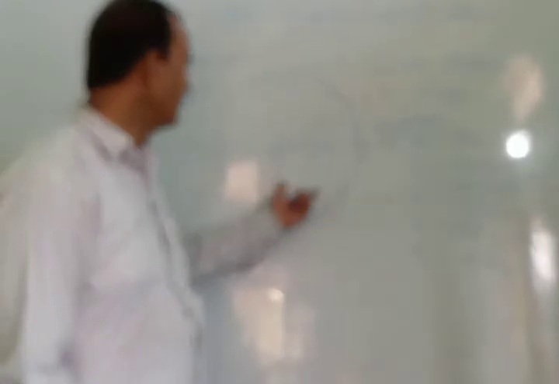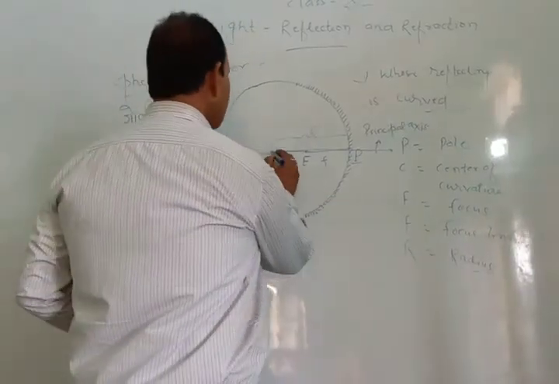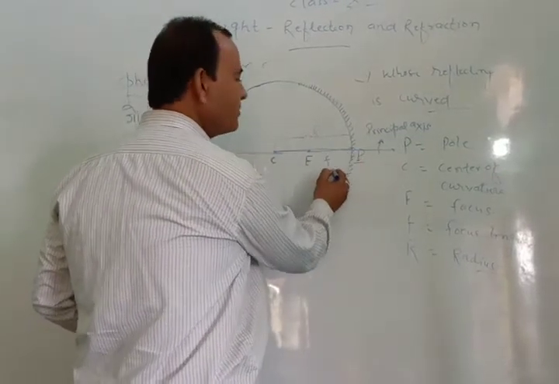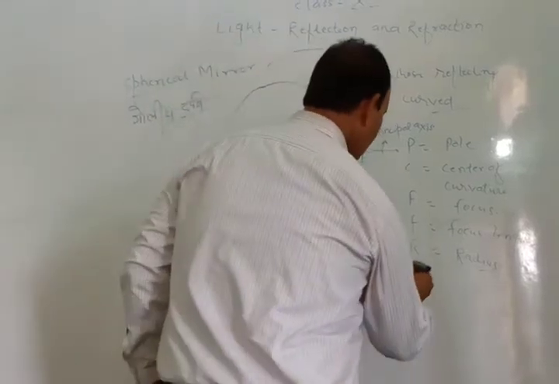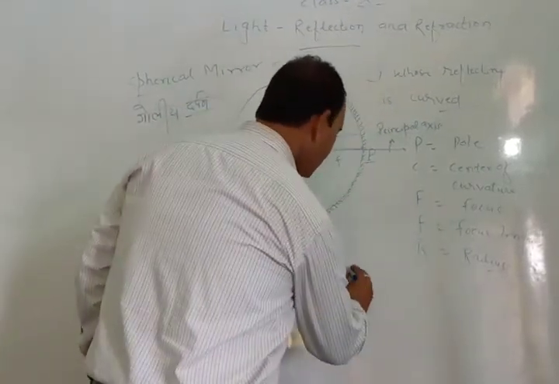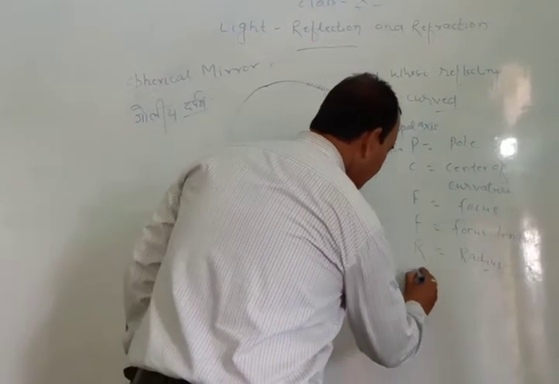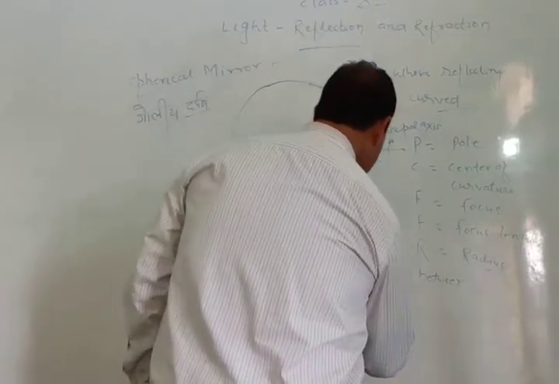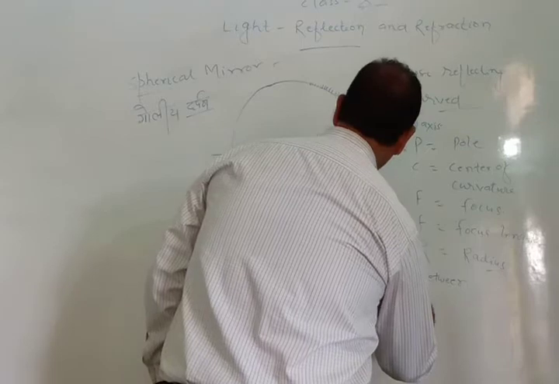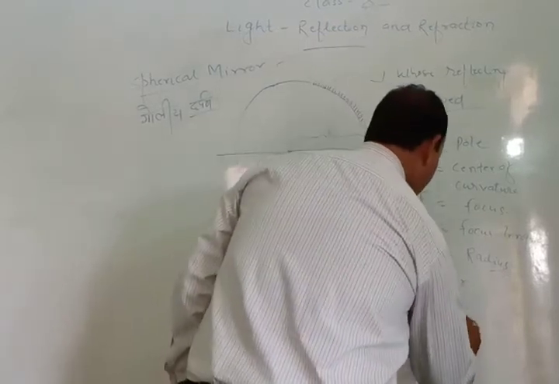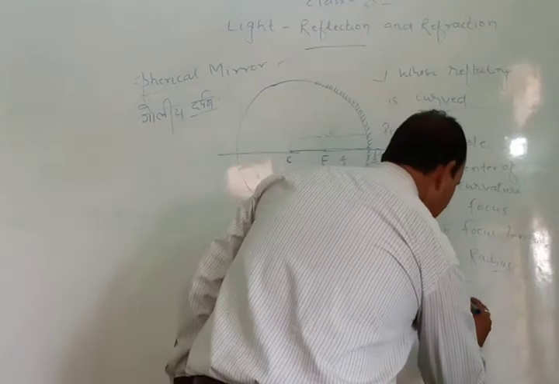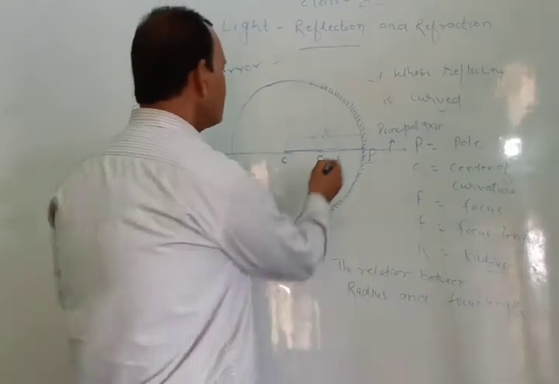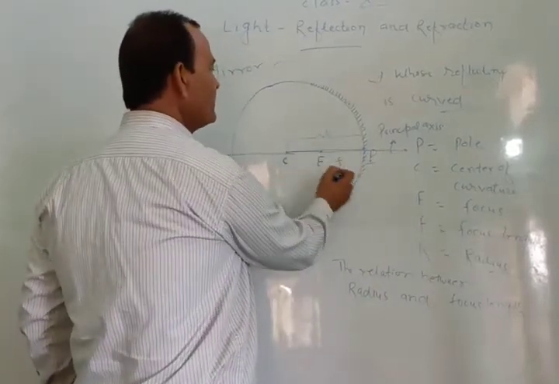You can see in this figure that the radius, the distance from the center of curvature to the pole, is 2 times the focal length.